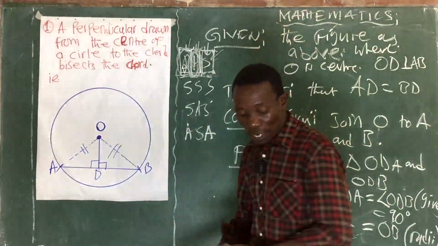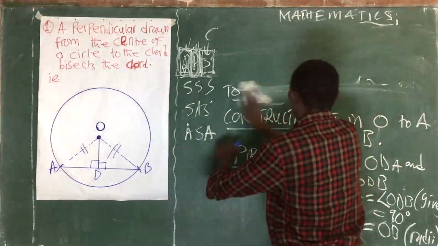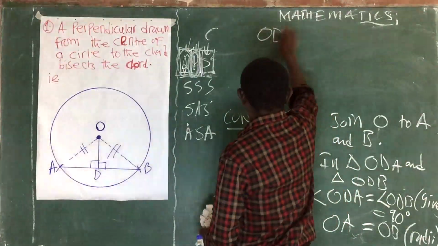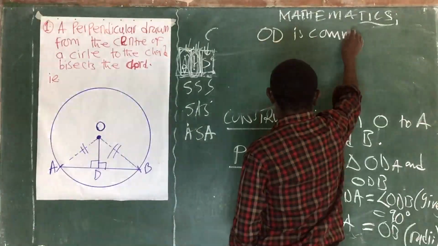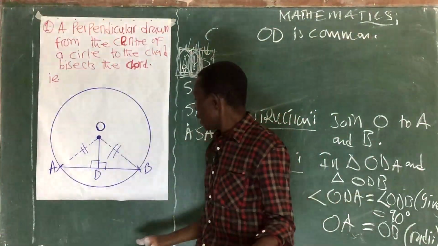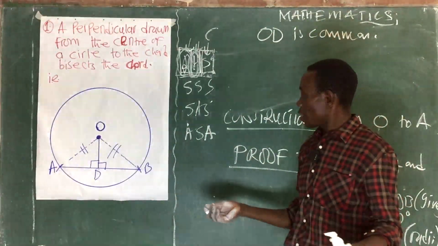So in this case, what we write, we just write, say, OD is common. Right. So this one, I'm also going to write that statement up here, like this. I say, OD is common. Right. Now, what else? It means the three letters which are defining congruency have been satisfied.